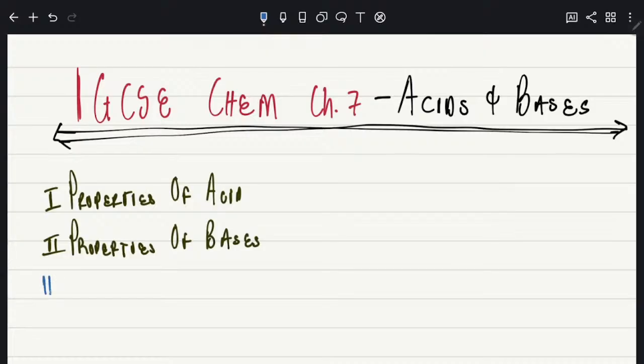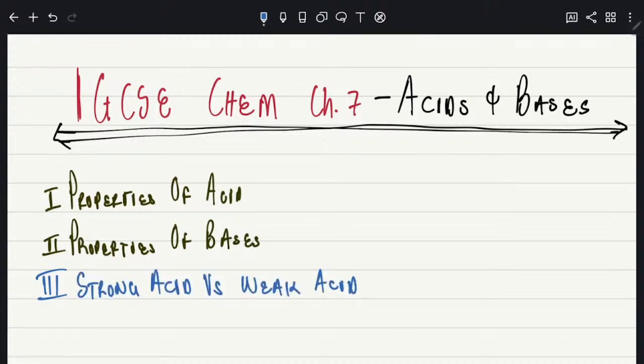And I said last time we also talked about strong acid, okay? What did I say we use to separate a strong acid from a weak acid? We said it is the amount of ionization in water.